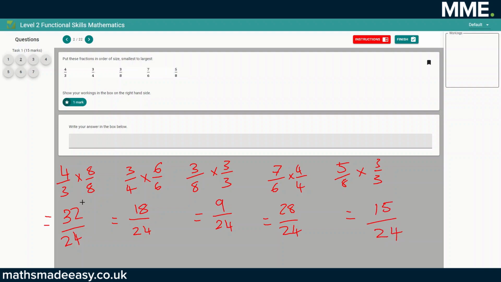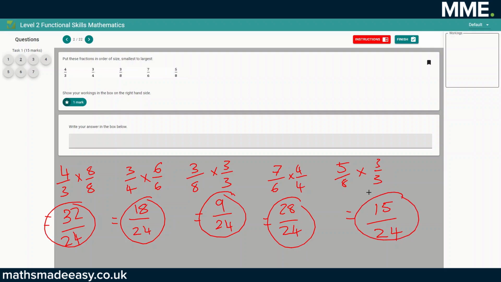So now we've got each of the fractions given in the question, but with the equivalent denominator. So we can just directly compare the value on the top in each instance and order them from lowest to highest. So it's easy to see that this is the smallest fraction, so we'll label that 1 and go 2, 3, 4, 5.